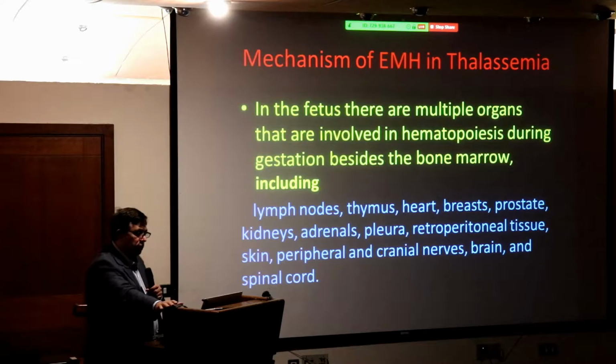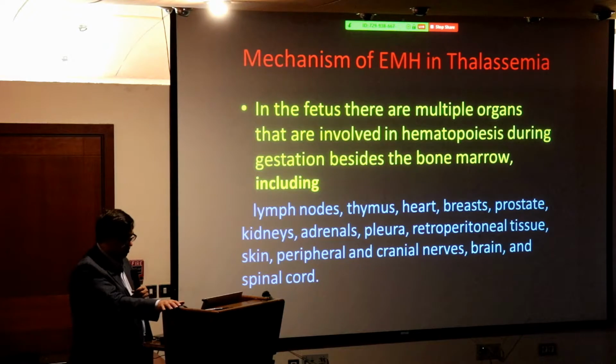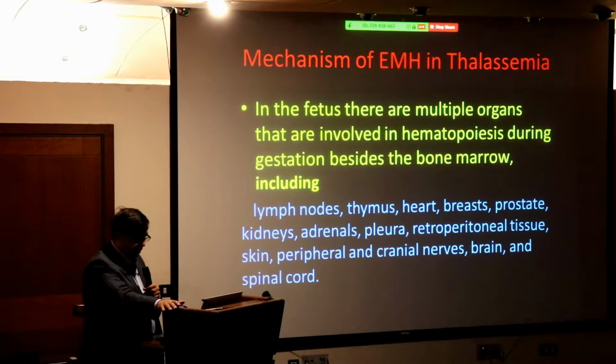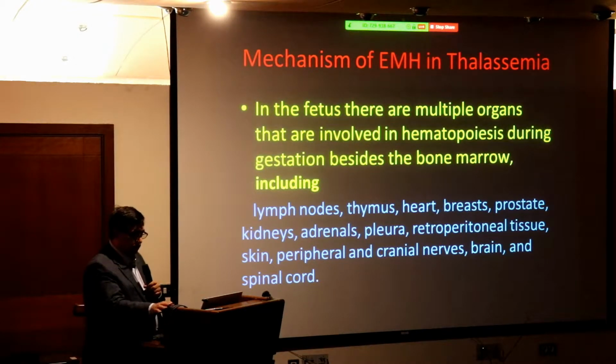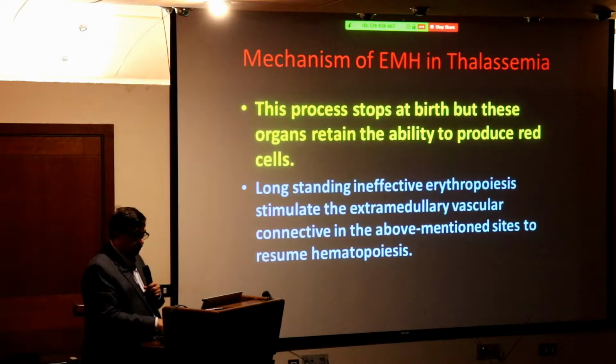Now, in fetal development, there are multiple organs involved in hematopoiesis, not only the bone marrow: lymph nodes, thymus, heart, breast, prostate, kidneys, adrenals, pleura, retroperitoneal tissue, skin, peripheral cranial nerves, brain, and spinal cord. They produce blood, but then this stops at birth.